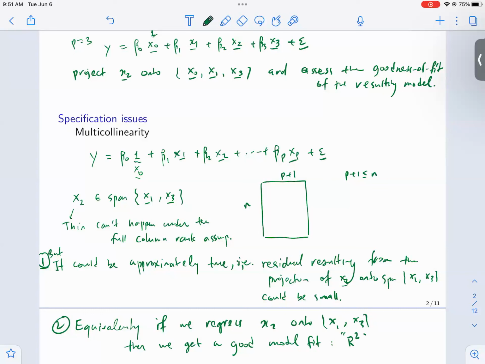So what is the issue with multicollinearity? Why is it an issue?